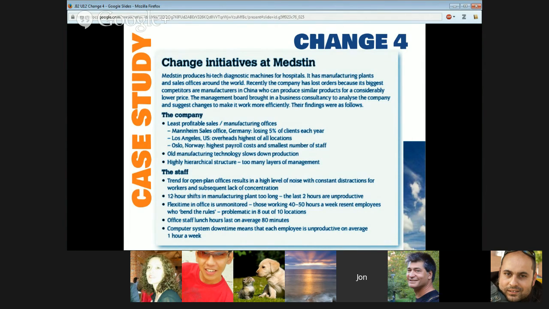Computerized axial tomography. Axial, A-X-I-A-L. Ah, axial.